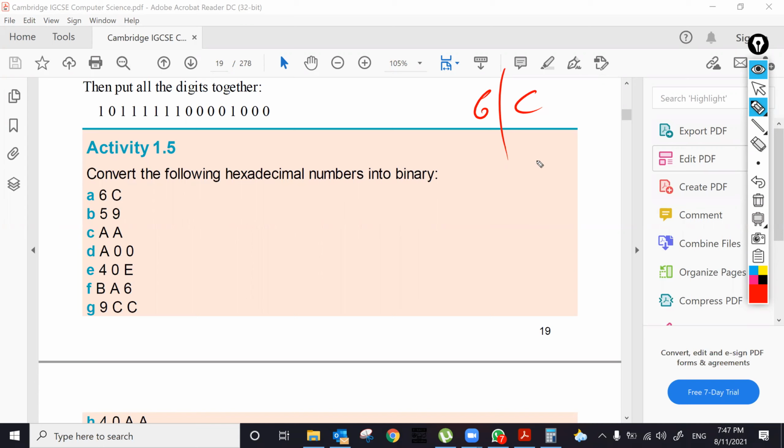You represent 13 as 8, 4, 1. 6 means you can straight away put it like this. Then you will get 0, 1, 1, 0, 1, 1, 0, 1. This is base 2.